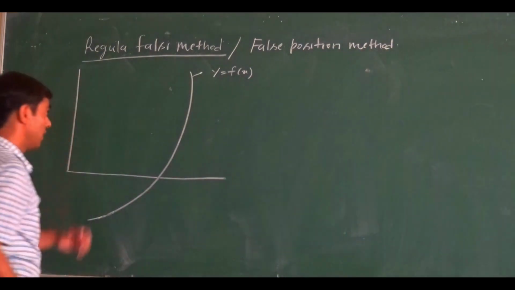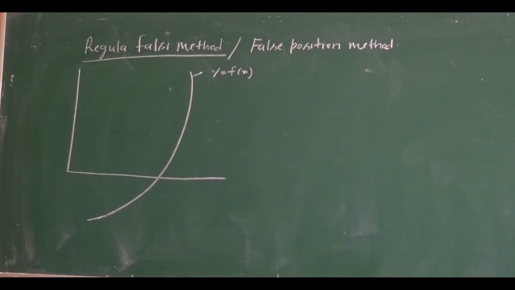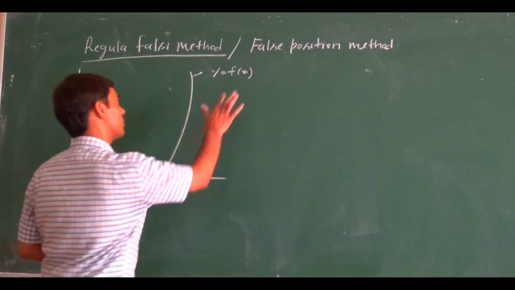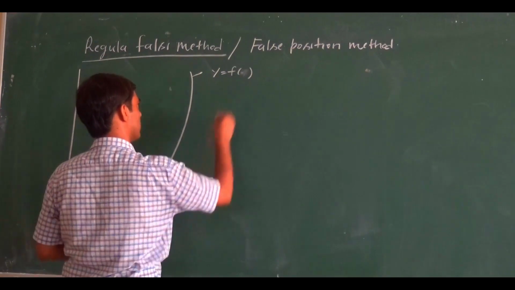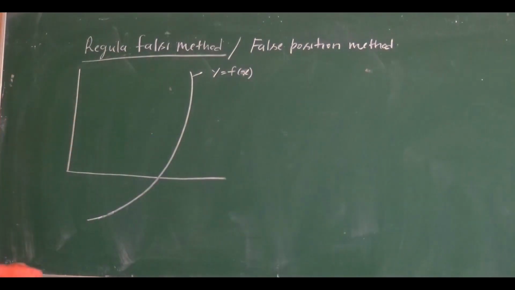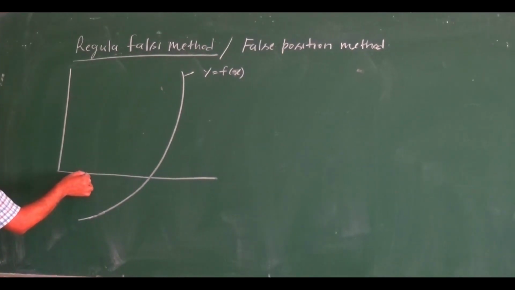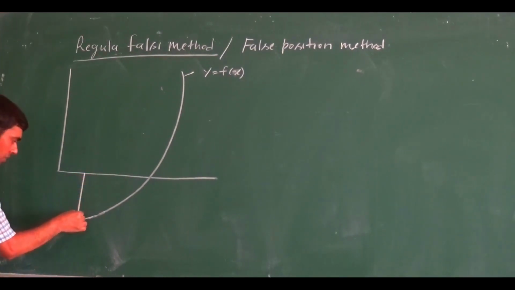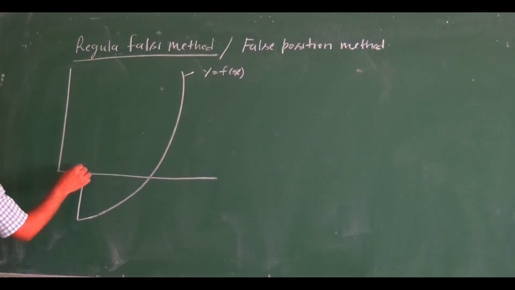So, as we know, the Regula Falsi method or false position method is also a bracketing method. So here we try to find a point where the value of the function is negative.